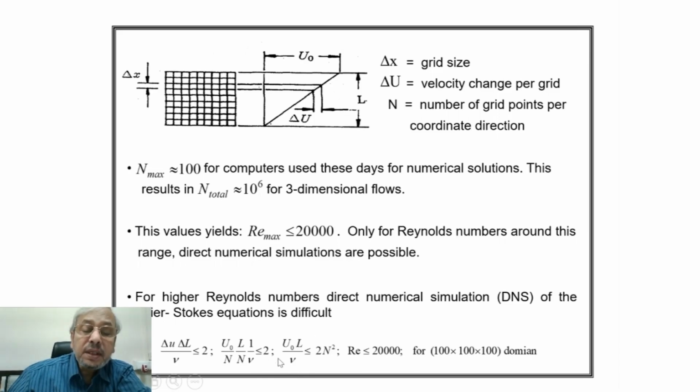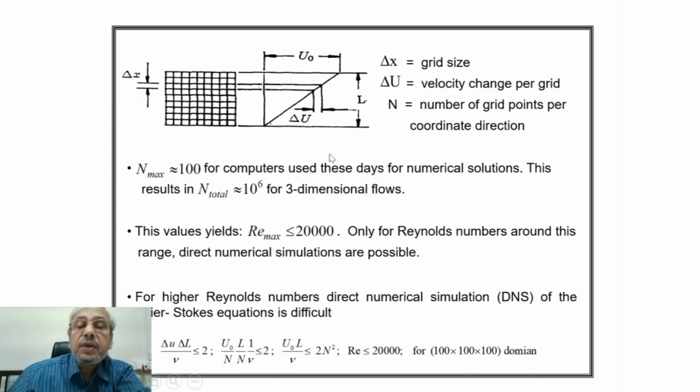So this makes u0 into L by nu less than or equal to 2n squared, and n is 1000. So basically Reynolds number is less than or equal to 20,000.